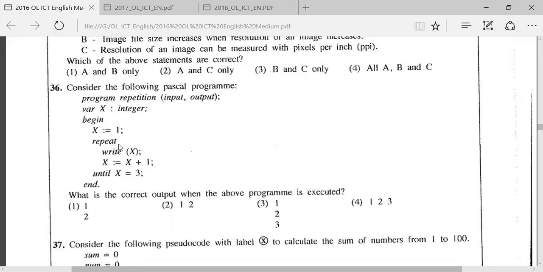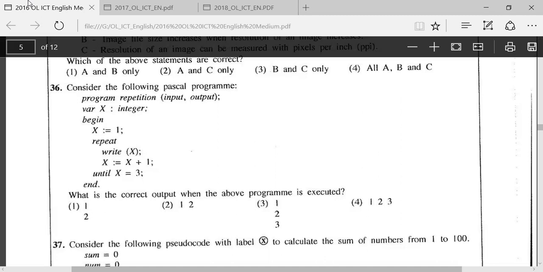Consider the following Pascal program. Program repetition, input, output, var x colon integer, begin x colon equals 1, repeat, write x, colon equals x plus 1 until x equals 3, end. What is the correct output when the above program is executed?